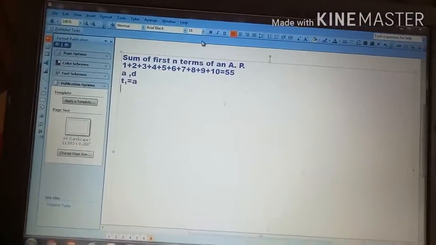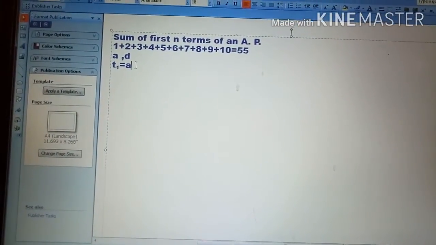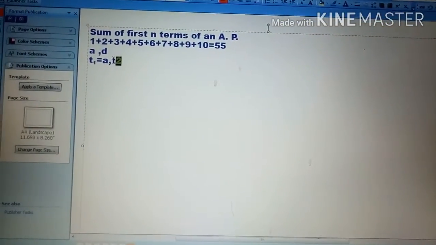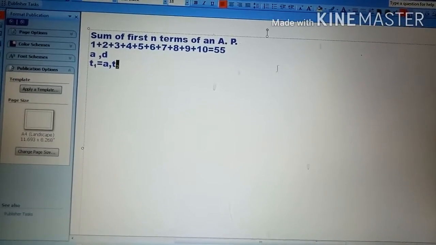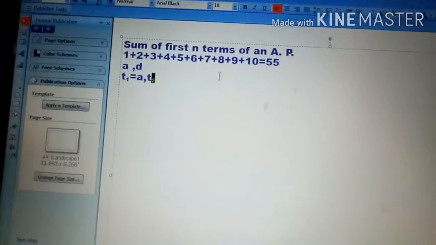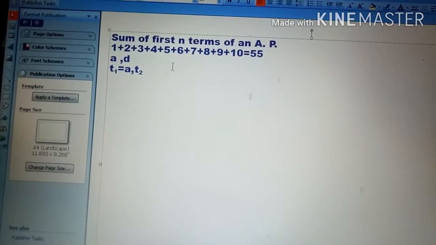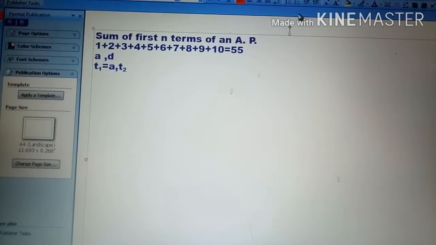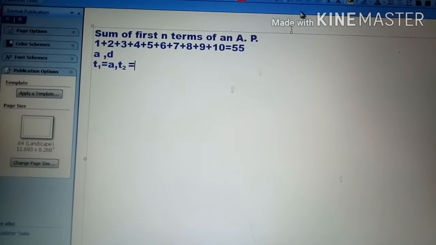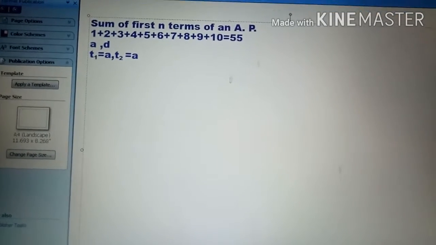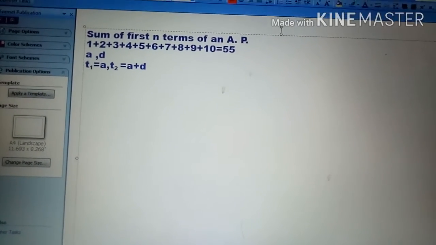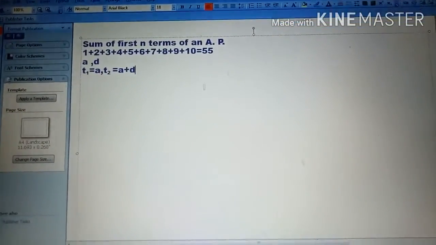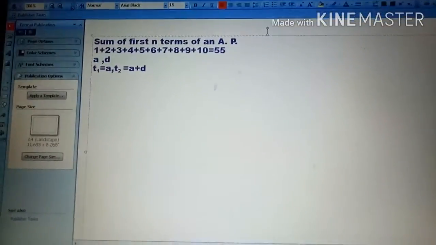You know very well, t2 is a plus d. So like this, t1, t2, there are a number of terms.